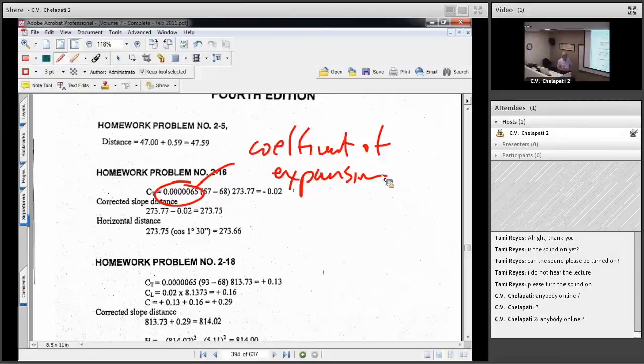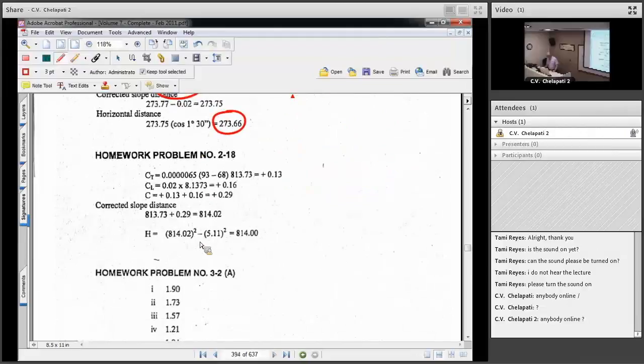Or what's another word for slope angle? Vertical angle, right? Vertical angle, yeah. So we're going to take the cosine of the vertical angle times the corrected slope distance, and then we can end up with a horizontal distance of 273.66. Where did I get 77 from?